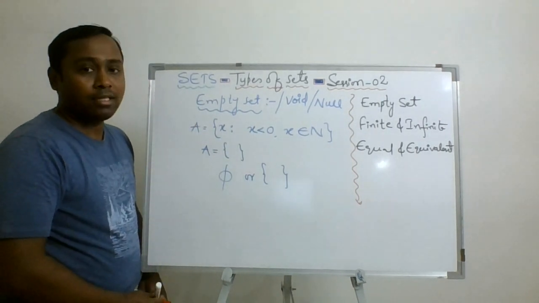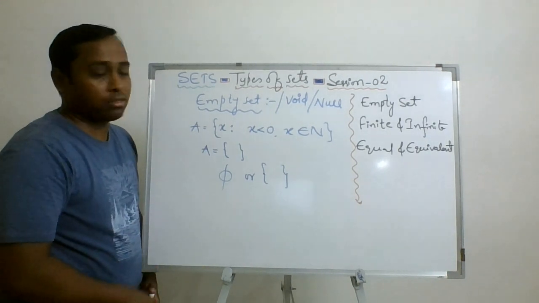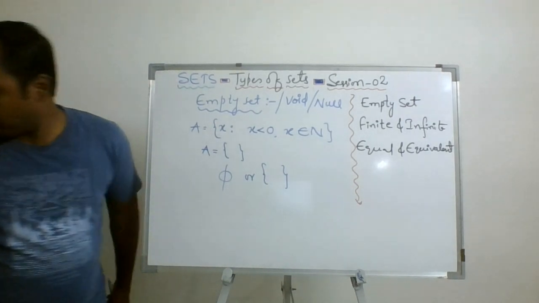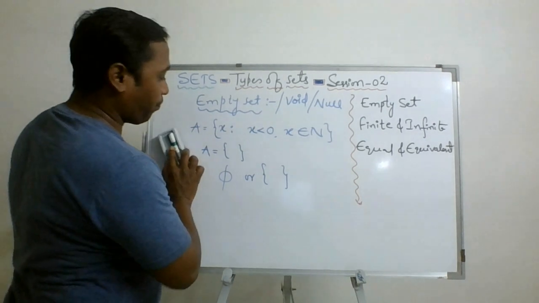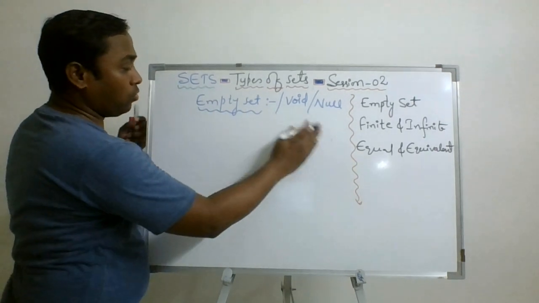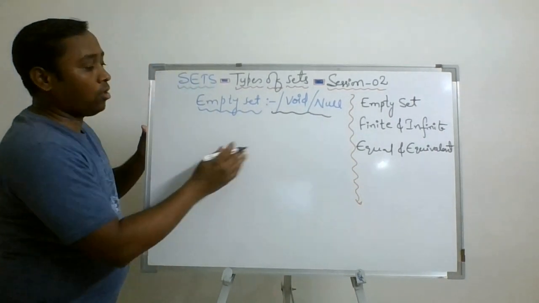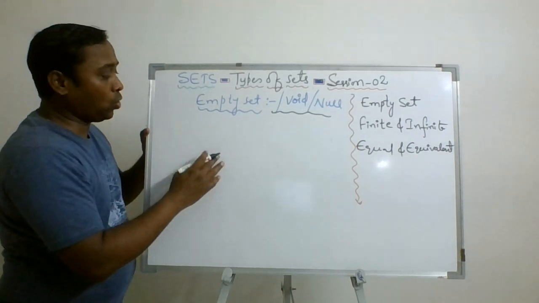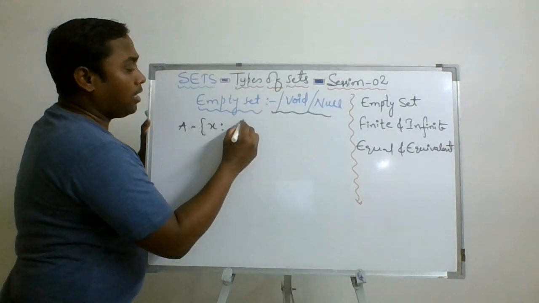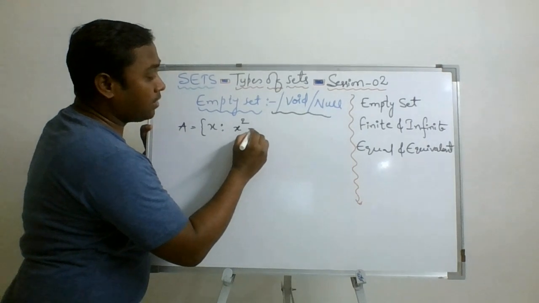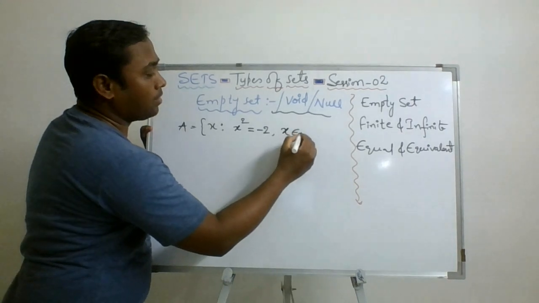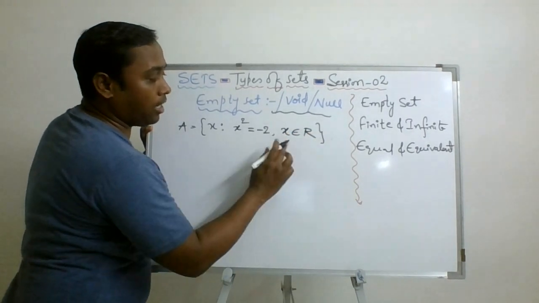Now to understand the nature of the empty set, I am taking two questions. Decide whether they are empty sets or not. I'm giving one question here just to check whether it is a null set or not. We just need to say yes or no. The set is given as A = {x : x squared = -2, where x belongs to real numbers}.